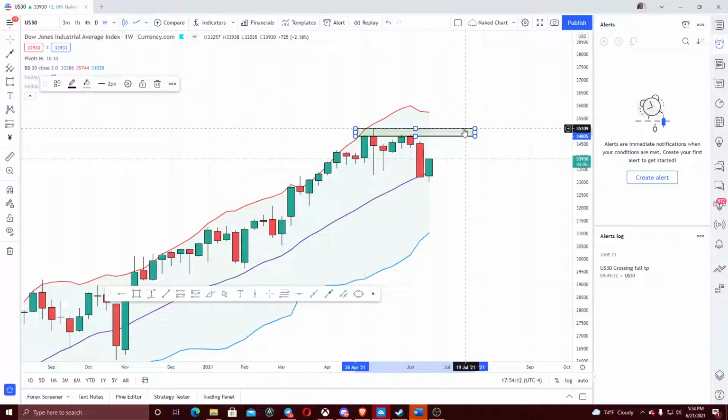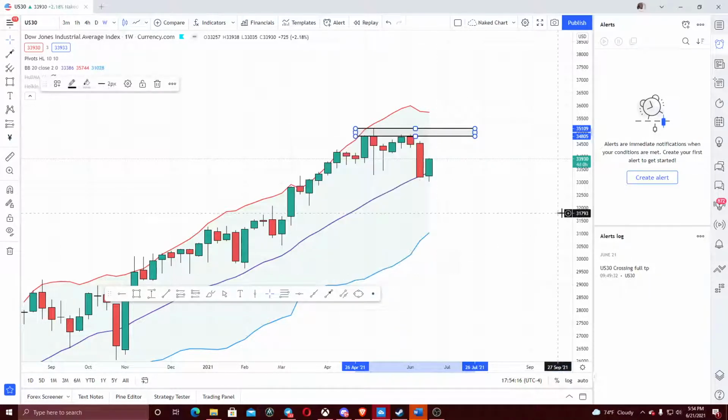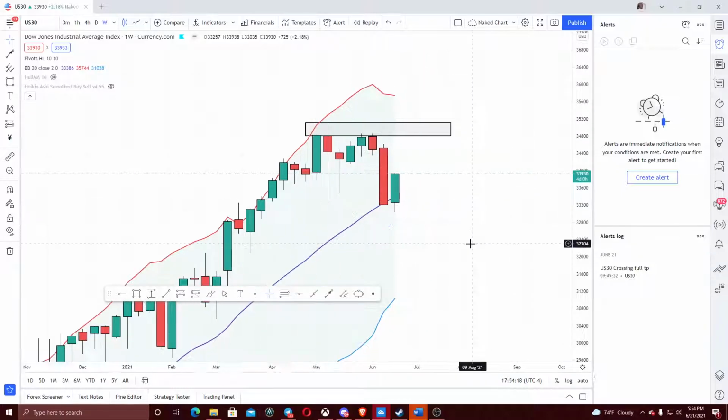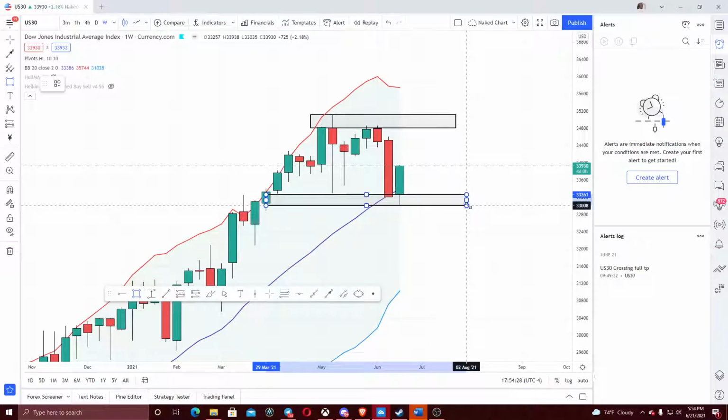So for this zone here, I'm going to mark it as a gray zone, which will show my weekly support and resistance areas. So this is my weekly resistance, and then this is my weekly support, based off this wick right here. And so that's pretty much it for our weekly.